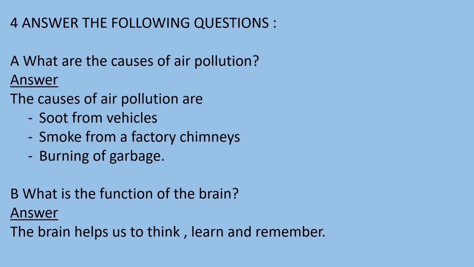The brain is the most important part of the human body, and it helps us to do different functions by sending and receiving signals from different parts of our body, and mainly it helps us to think, learn and remember.